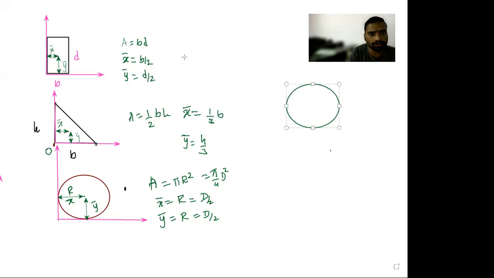So first of all, I have to draw the reference axis. So this is my reference axis, and one more, this is my reference axis. So for the semicircle, it is difficult to draw here, that's why I have taken this.